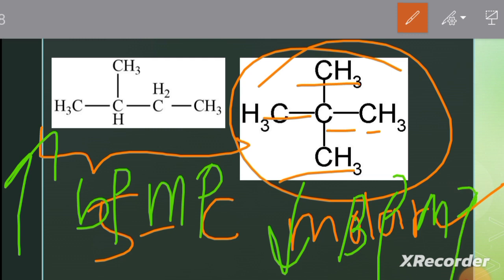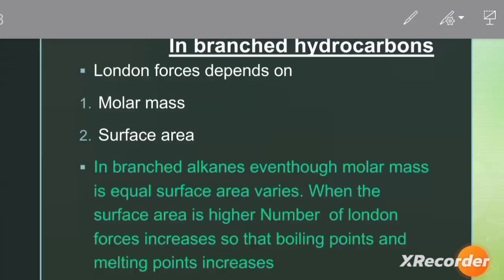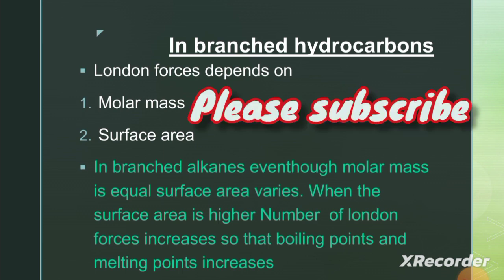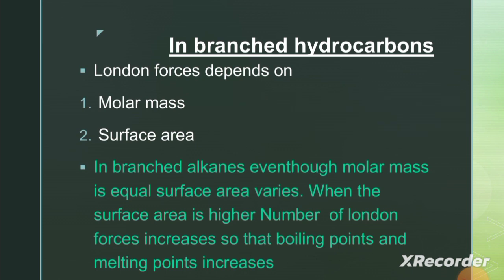What is the reason behind it? The surface area of this methylbutane is higher than the 2,2-dimethylpropane given here. In branched alkanes, even though molar masses are equal, surface area varies. When the surface area is higher, the number of London forces increases, so that boiling points and melting points increase.